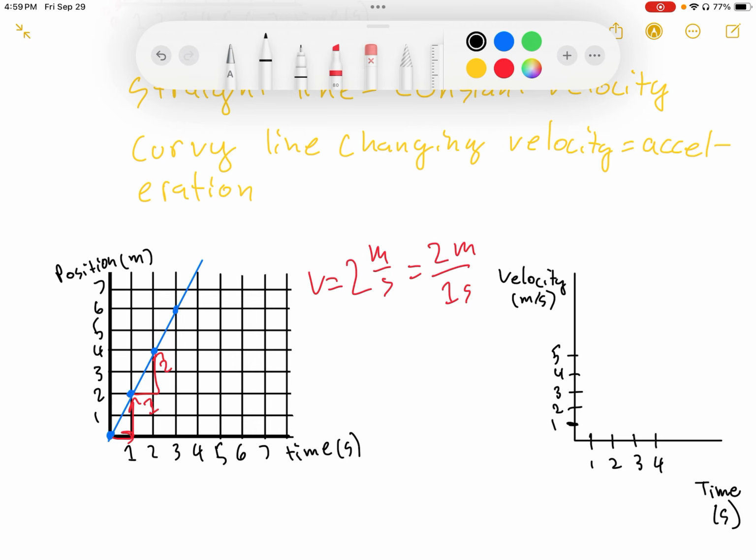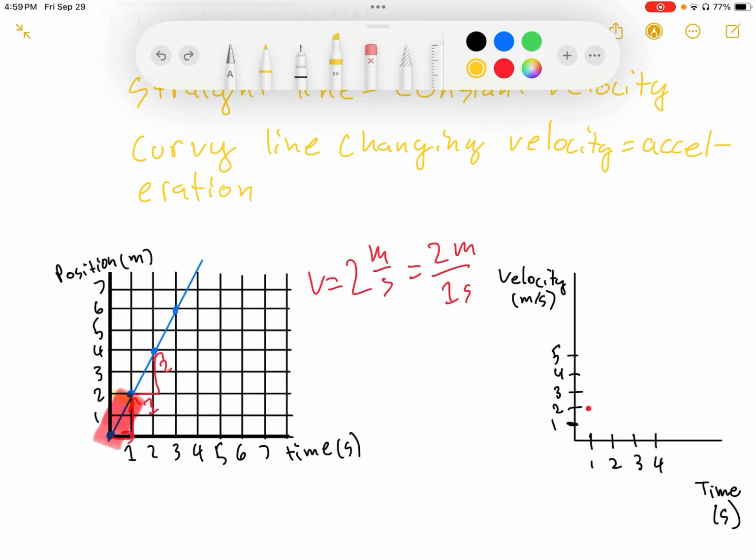My velocity, okay, what was my velocity for this first chunk? Well, my velocity was 2 meters per second. What's my velocity for this second chunk? Well, it's still 2 meters per second.